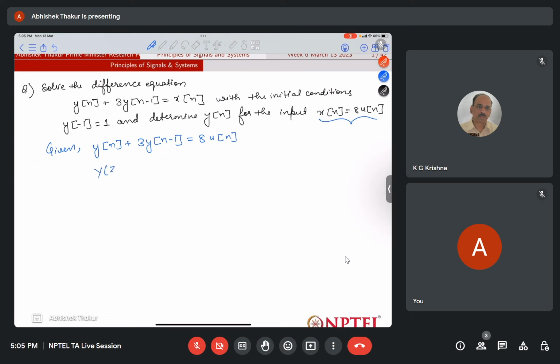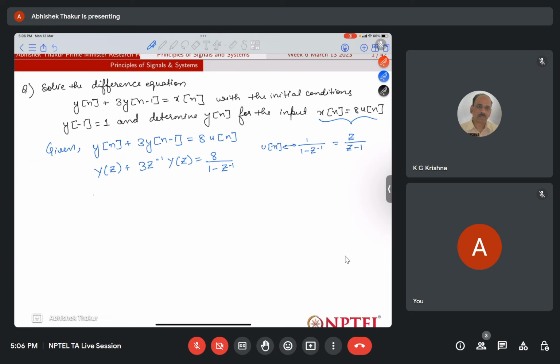We'll get Y(z) + 3z^-1 Y(z) = 8/(1 - z^-1). We know that the Z transform of u[n] is 1/(1 - z^-1), which is also equal to z/(z - 1).